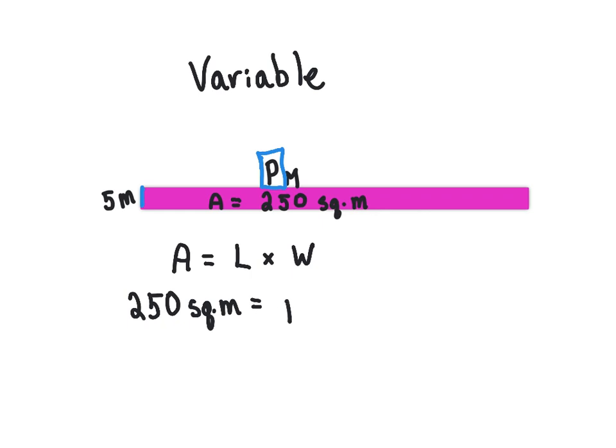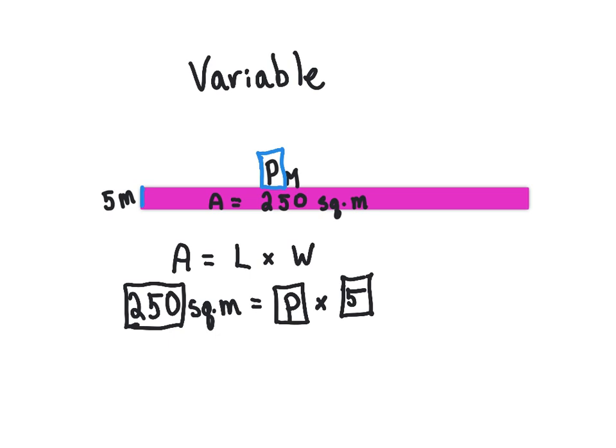So I'm going to put in P, because that is our unknown side for the length, times the width, which is 5. So we have our product of 250, and we have a factor of 5, but we're missing this factor. So we need to solve for P. This is basically like a division problem where we have to divide 5 into 250. 250 divided by 5.